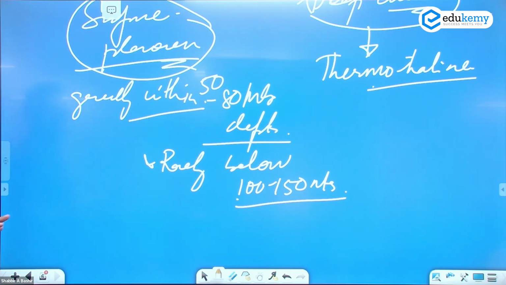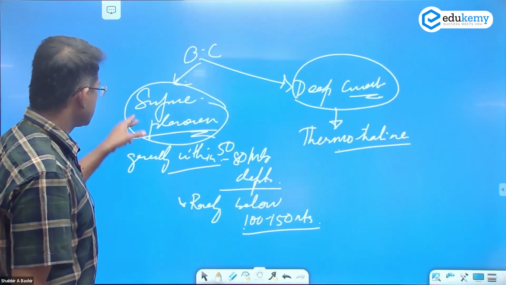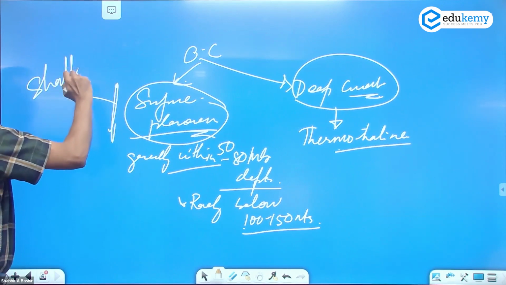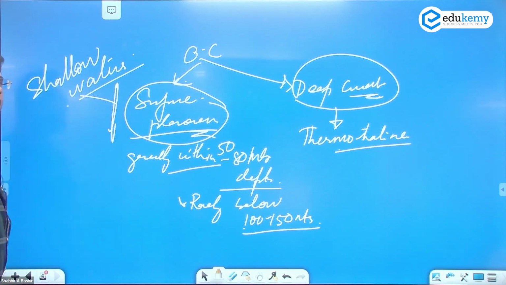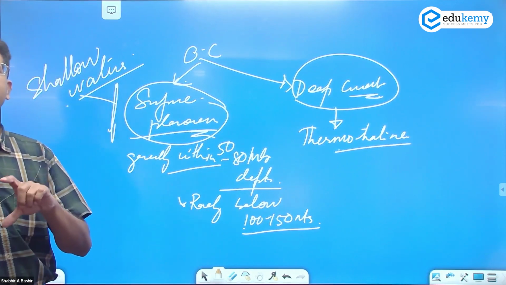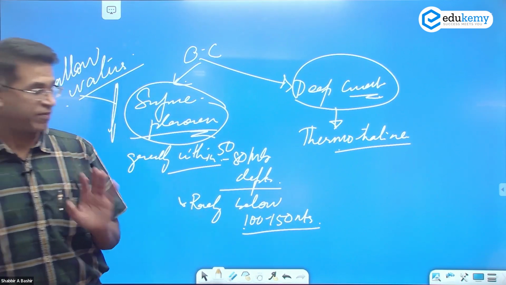That's why I'm saying that they are relatively shallow. When I say surface phenomena, these are in the relatively shallow waters, within 50 to 80 meters depth and rarely beyond 100 to 150 meters depth.